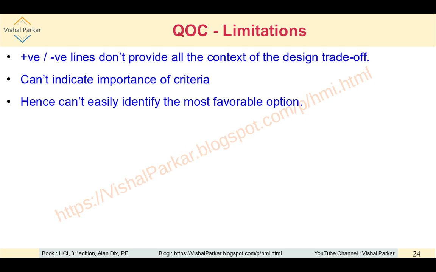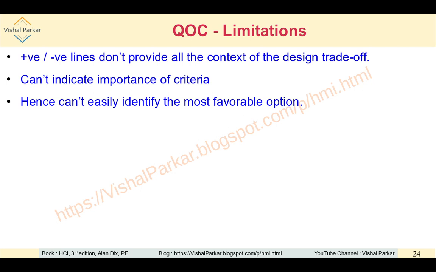Once again, this particular QoC notation can't indicate the importance of different criteria. So there may be three criteria satisfied by one option, and another option is only satisfying one criterion, not the remaining three.